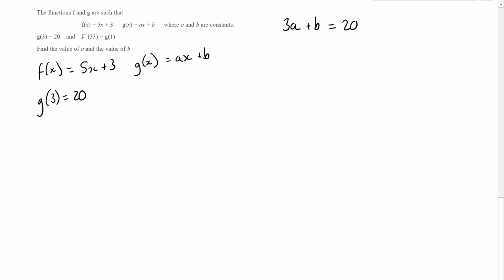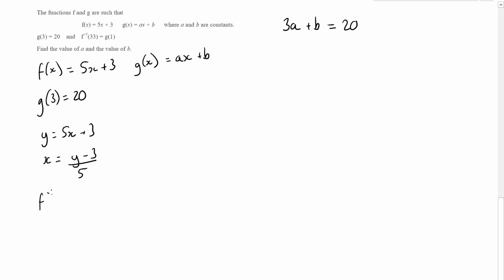Then secondly, we're going to say the inverse function of f, where x is 33, is equal to g of 1. Okay, so we first have to find what is the inverse function of f in the first place. So y is equal to 5x plus 3. Therefore, x is going to be equal to y minus 3 divided all by 5.